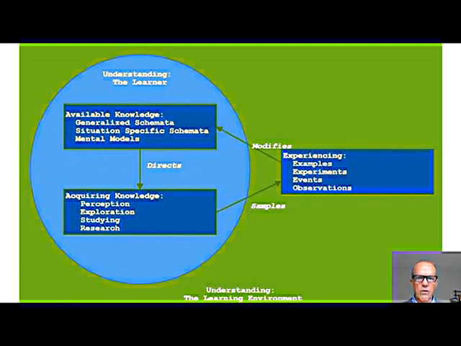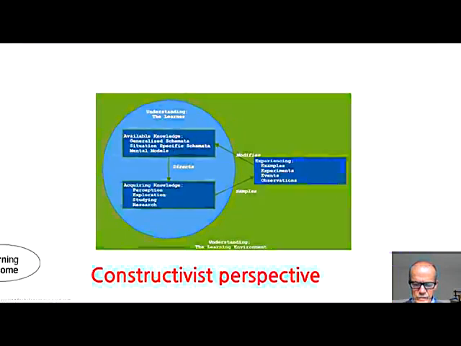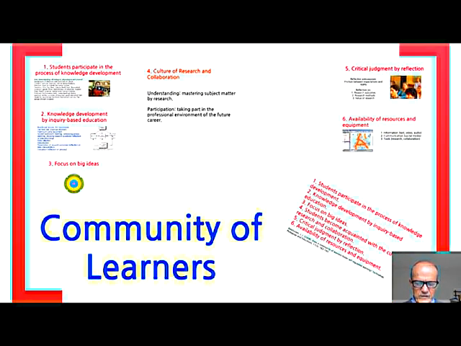Therefore, the view of constructivism is also called the socio-constructivism view, indicating that learning is a social process. We are going to explore that further in this particular example of an instructional model, an arrangement which is based on the views of constructivism, the community of learners.